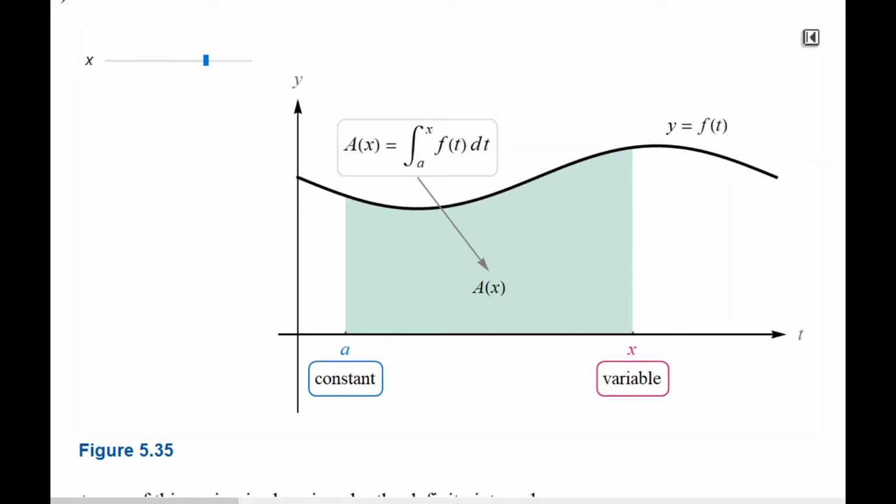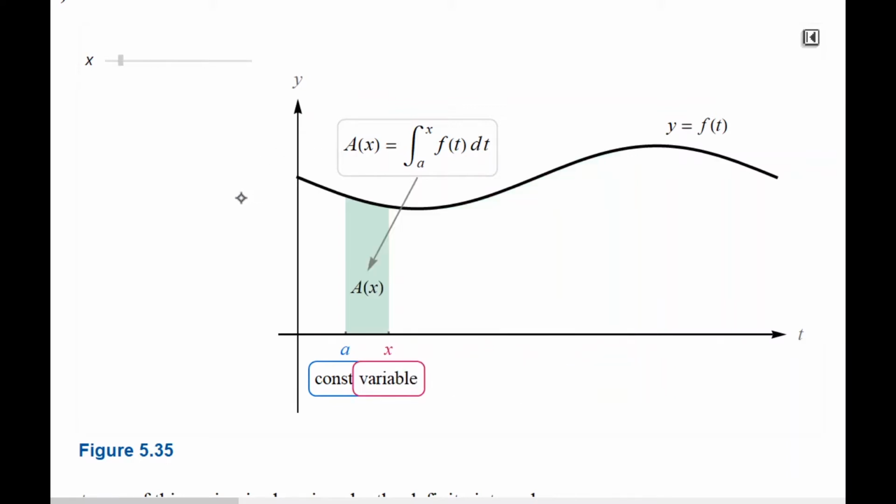When we do the definite integral, the bounds are fixed, but x we just leave as an arbitrary fixed point, which will then vary after we do the definite integral. So we don't specify what that x is. We do specify a. So a is totally fixed, and it is your traditional constant.